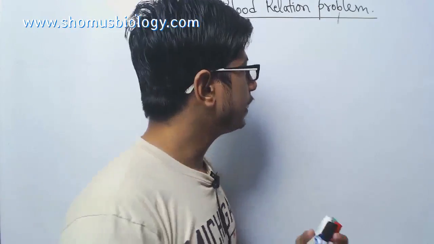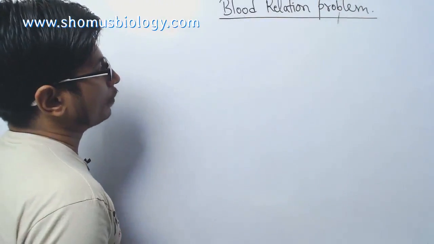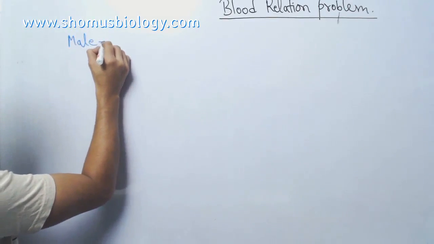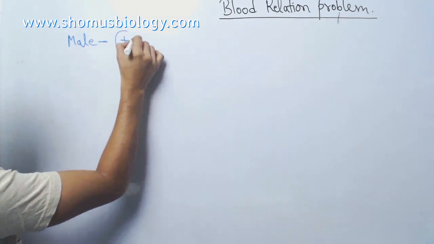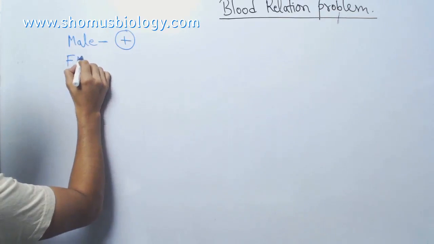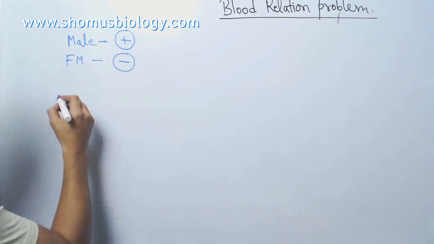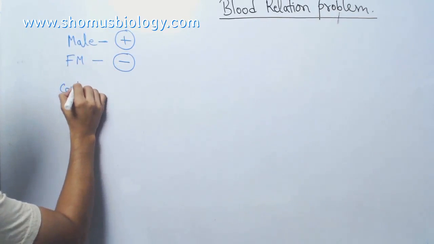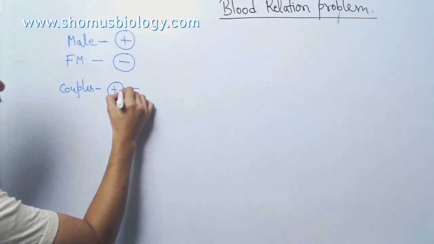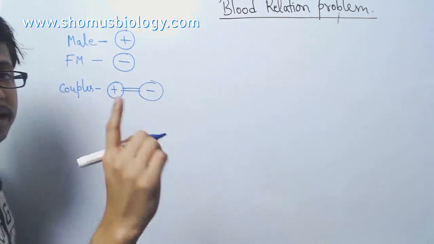So what do we mean? Let's look at it. For all these problems that we will solve, we'll think of male. We will draw male as a circle with a plus sign inside. For females, we'll draw a minus inside the circle. Then for couples related with marriage, we just make these two lines in between them.